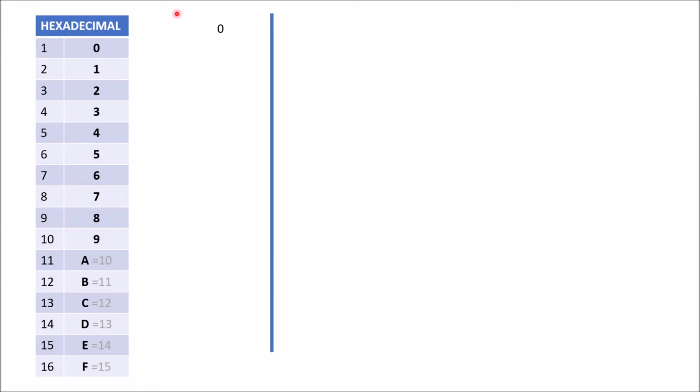In hexadecimal numbering system, a single digit can have up to 16 different values, starting from 0 to 15. The only difference is that numbers greater than 9 are represented by the first letters of the alphabet to make it possible to be represented by a single symbol.